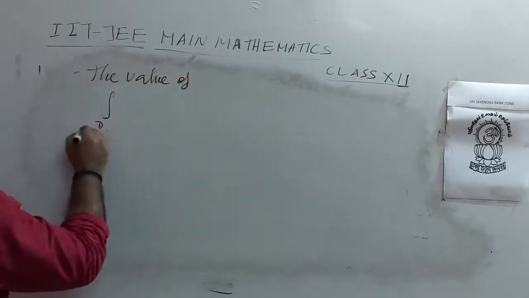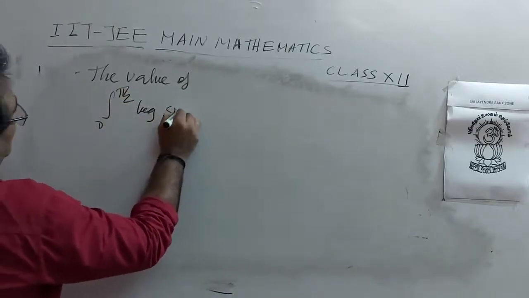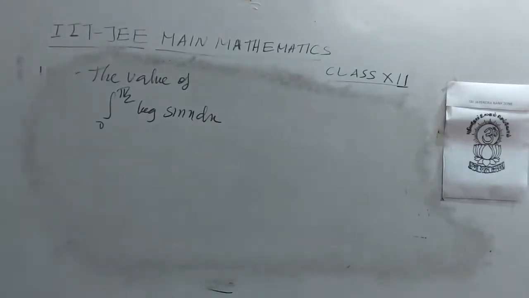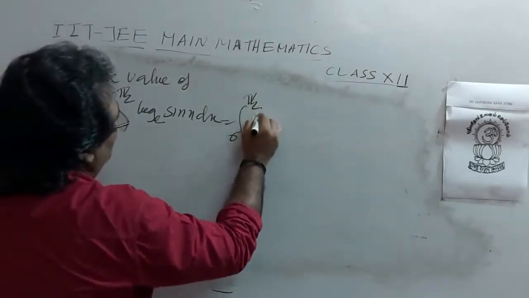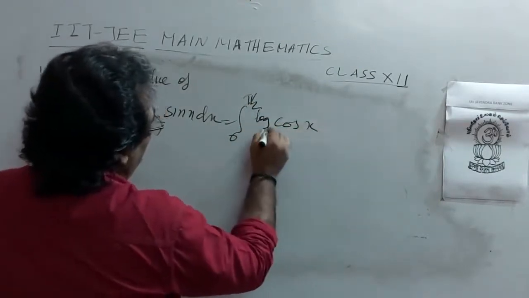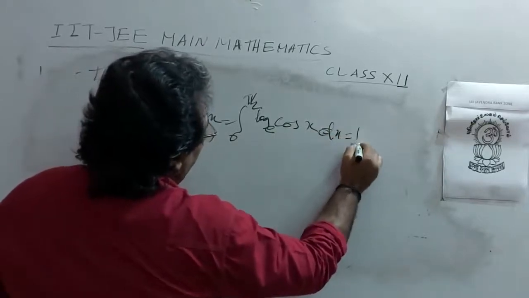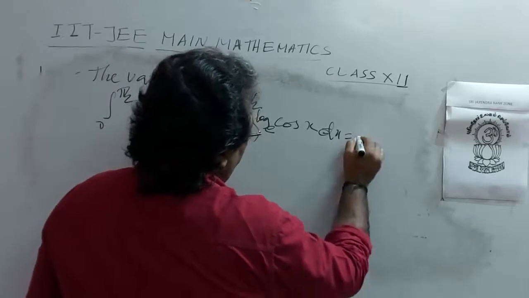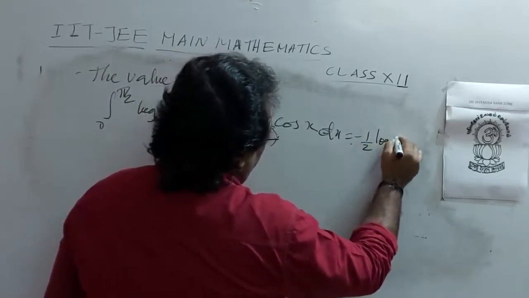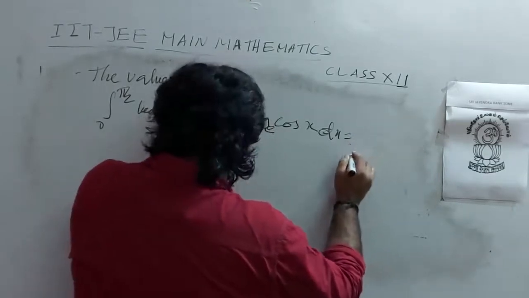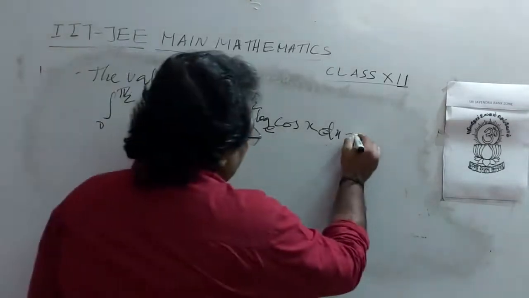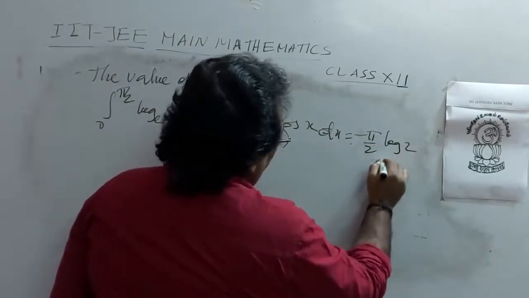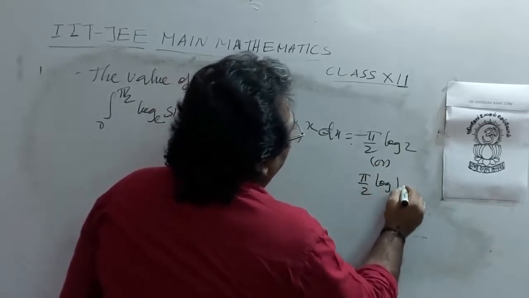The value of integral 0 to pi by 2 log sin x dx to the base e equals integral 0 to pi by 2 log cos x to the base e dx, which equals minus pi by 2 log 2, or pi by 2 log 1 by 2.